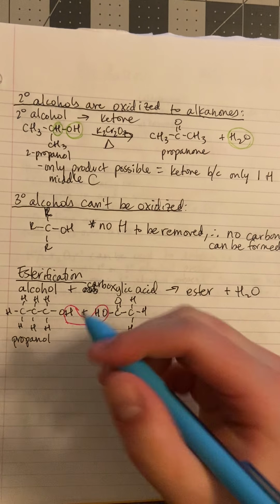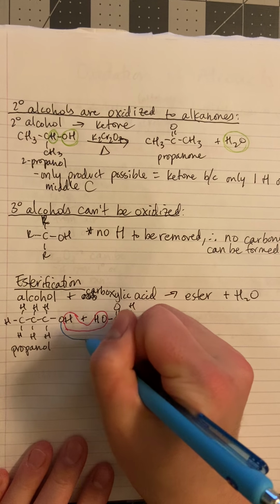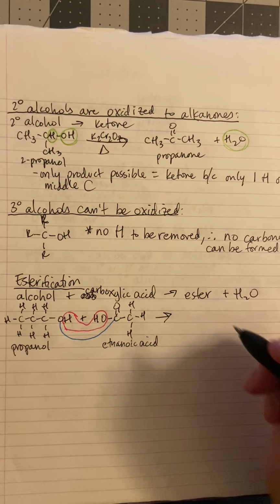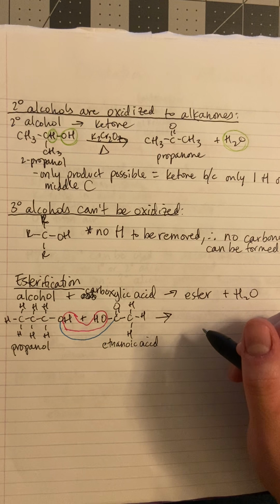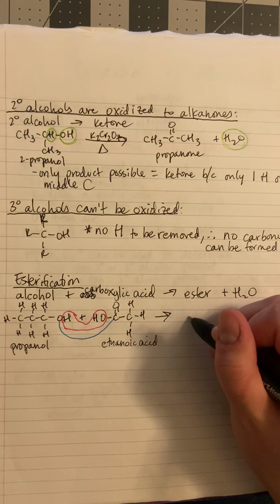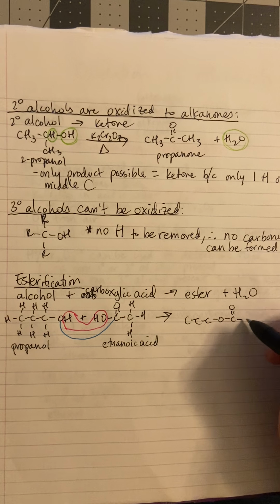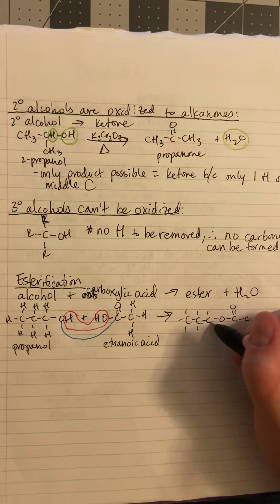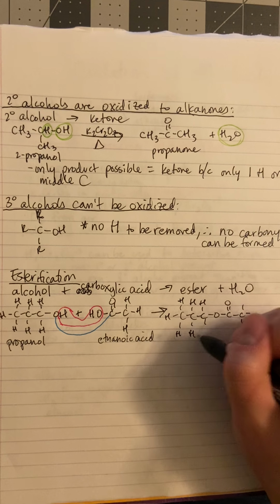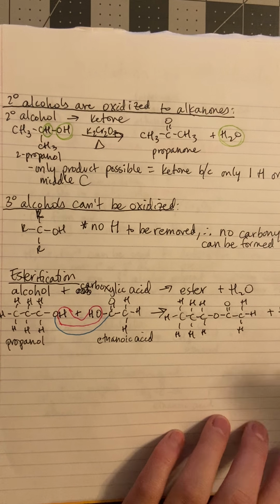And then we just connect this oxygen right here to that carbon right there. So what we form is called propyl ethanoate, but what it looks like is this. And then we also form water.